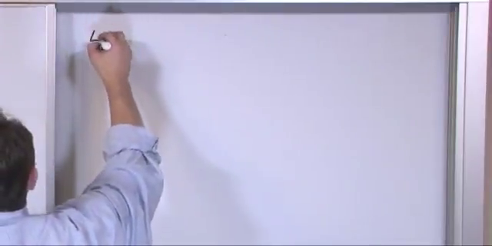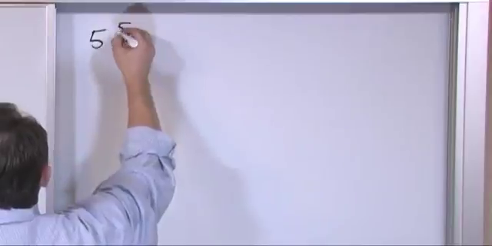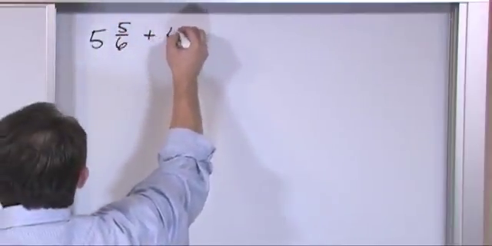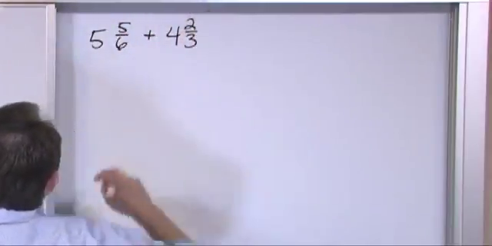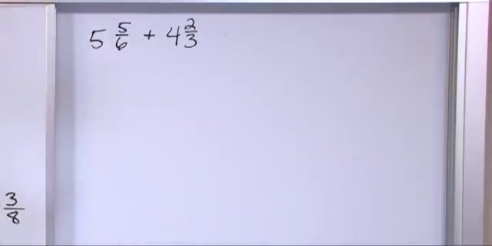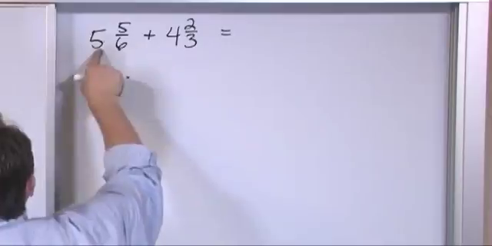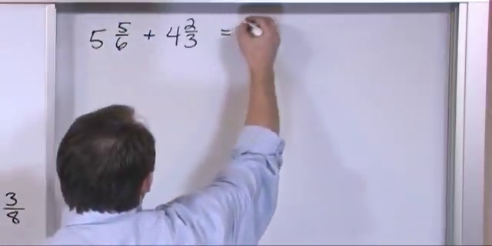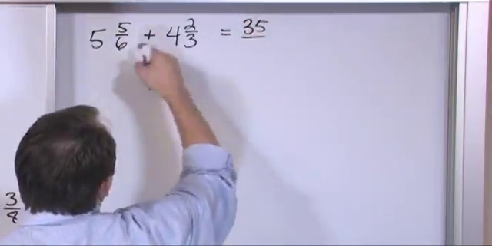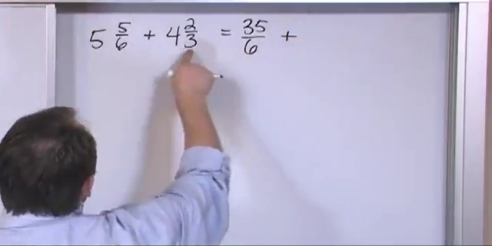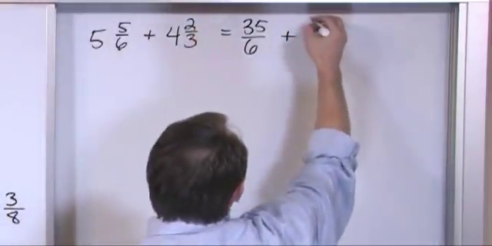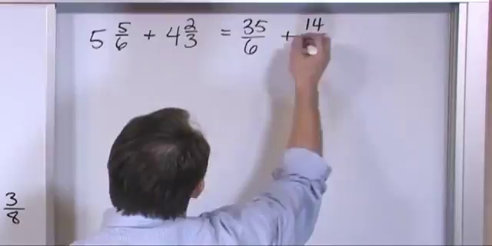So what if we have 5 and 5/6 plus 4 and 2/3? Let's convert these to improper fractions in this particular case. 6 times 5 is 30, plus 5 is 35 over 6, plus 4 times 3 is 12, plus 2 is 14 over 3.